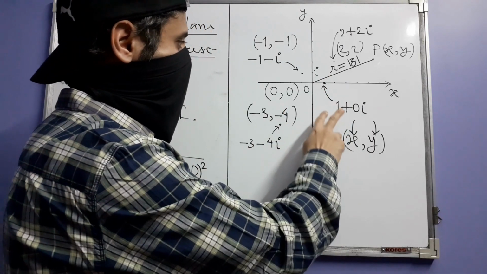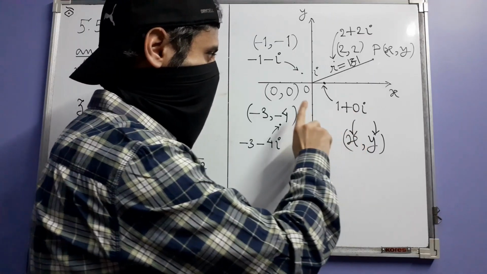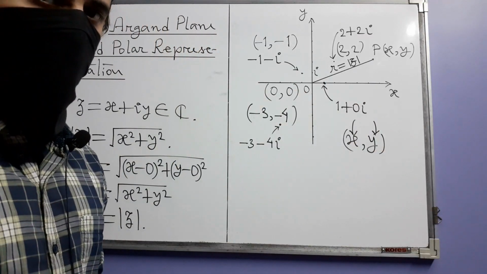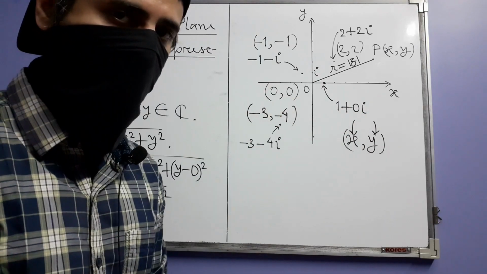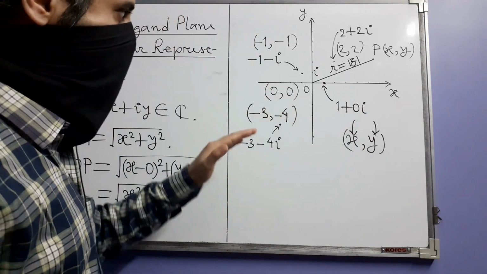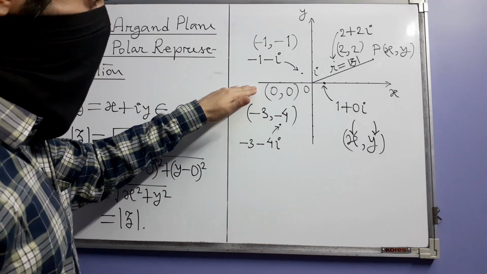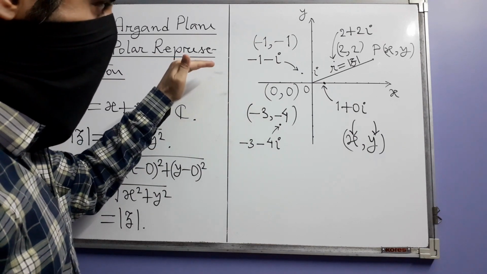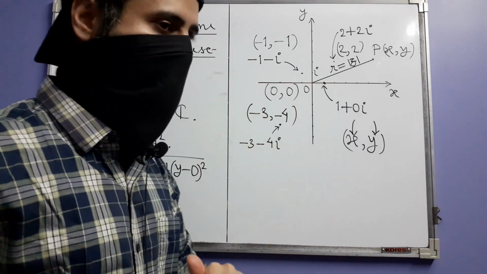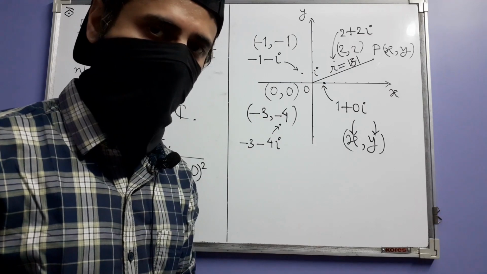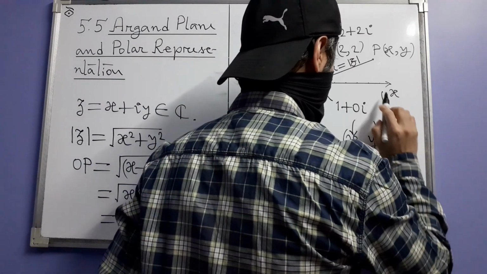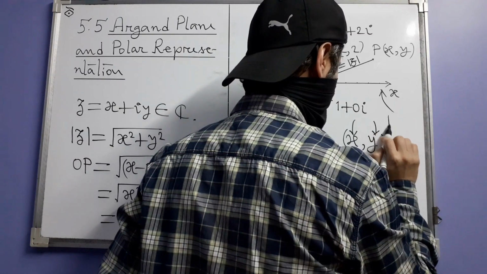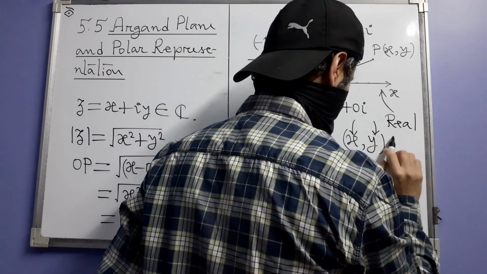As such, it gets associated with the complex number 1 plus 0i. But this 1 plus 0i really is a real number, right? So just like that, the complex numbers that get their places on the x-axis are actually real numbers. And that is why this axis is called the real axis.